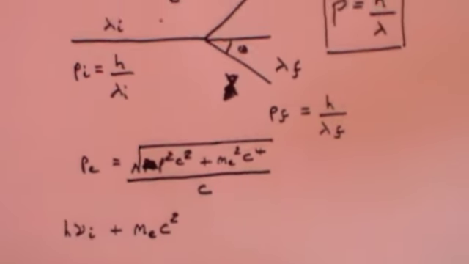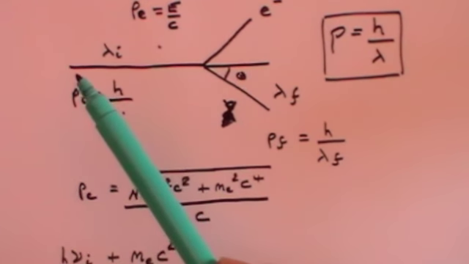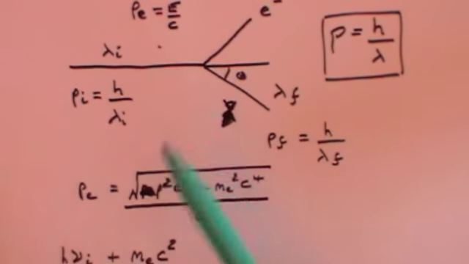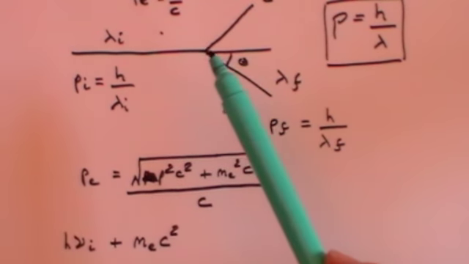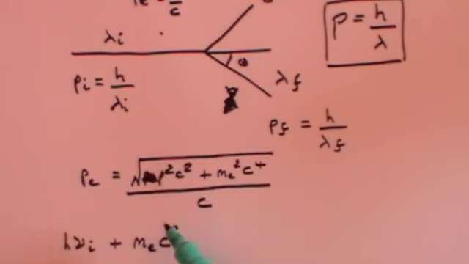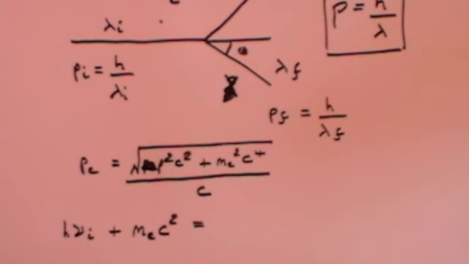So the total energy coming in is the energy of the photon, which is h nu I, plus the energy of the stationary electron, which is m c squared. And since energy has to be conserved, that must be the energy of the resultant.